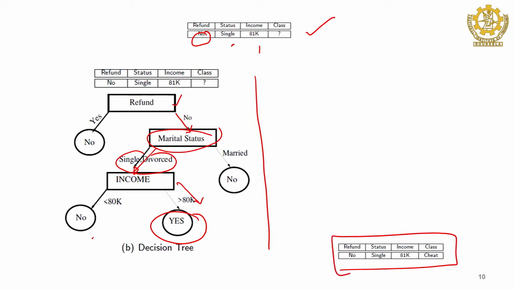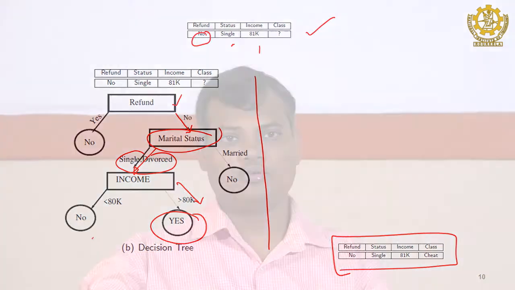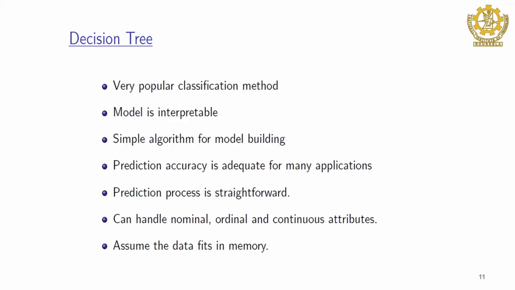So, a decision tree is very easy. Once you build the model, the answer is very quick, you just trace the tree and you get the output. Now, what you will look into is how to make the decision tree. These are some good qualities of the decision tree: it is a very popular classification method, and the model is interpretable. Many times we want to know why.